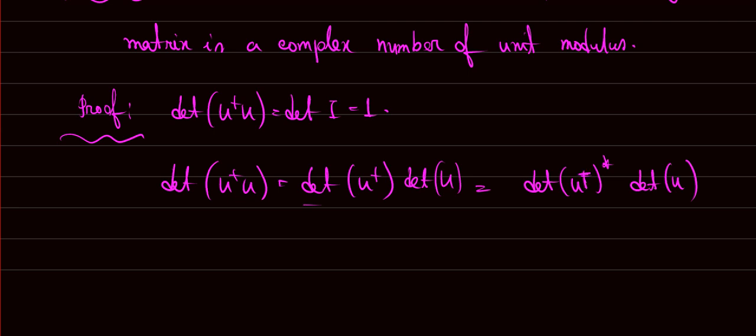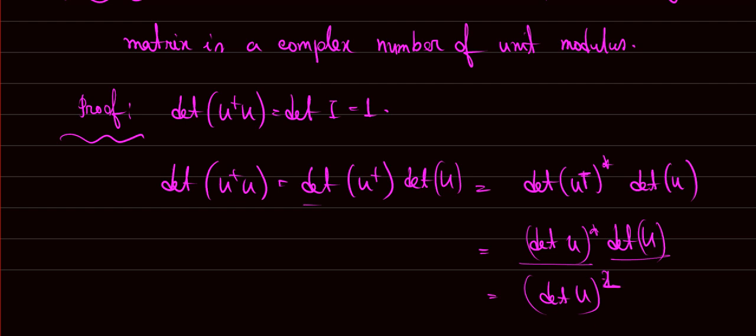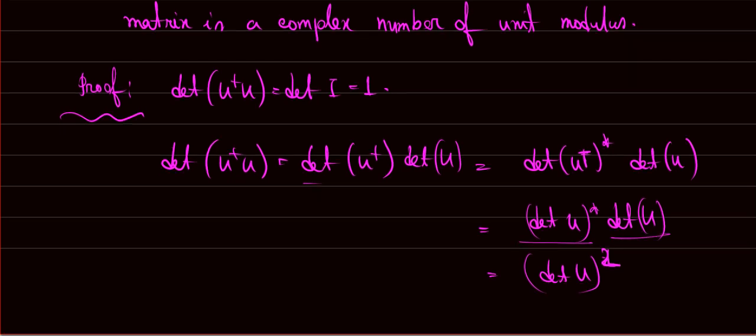We know what the adjoint means: we need to take the transpose of the matrix and then the complex conjugate of the numbers. The determinant of the transpose of a matrix and the matrix is the same. So definitely we can write this. It will give us the determinant squared, from the properties of a complex number. We can say this.